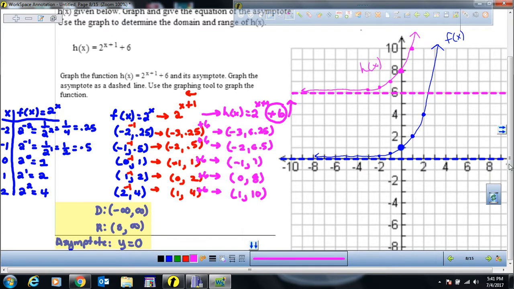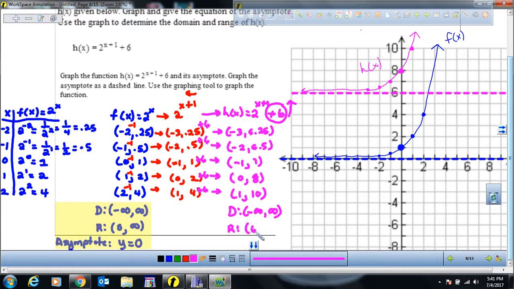So what can we say about the domain of h of x? It is also from negative infinity to infinity because it keeps on going from left all the way to right. So all the values of x are in the graph. What about the range of this function? The lowest value is going to be anything greater than 6 because it's not going to get to the number 6. So it's going to be anything above the number 6.